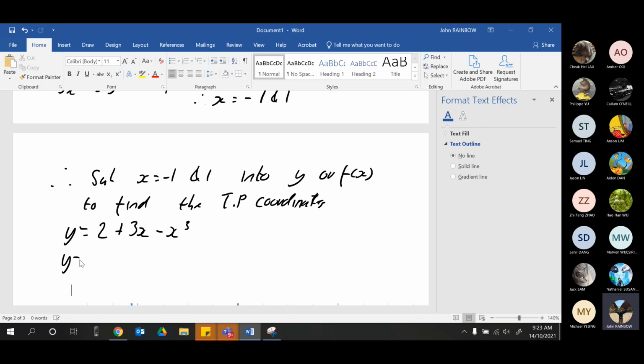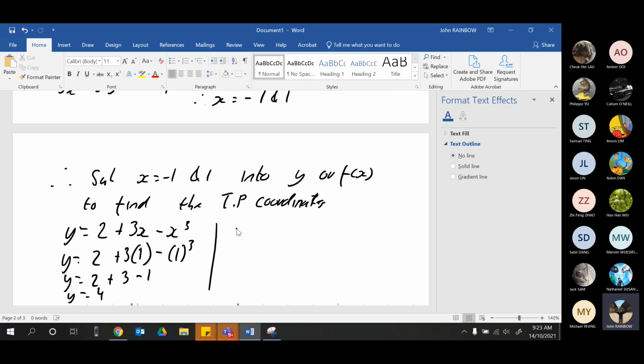So we've got y equals 2 plus 3 times 1 minus 1 cubed. y equals 2 plus 3 minus 1. 5 minus 1 is 4.